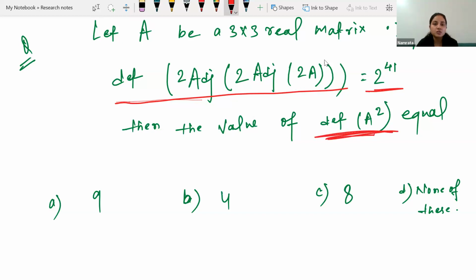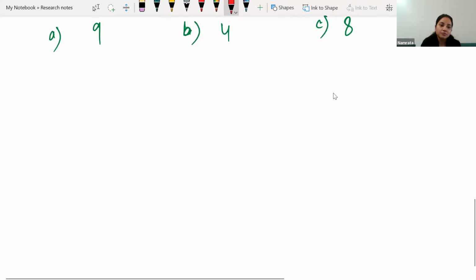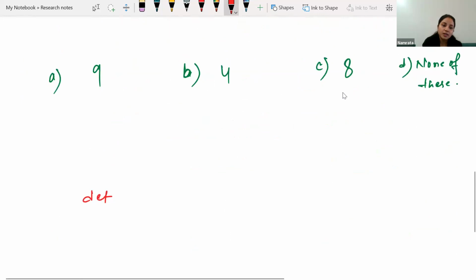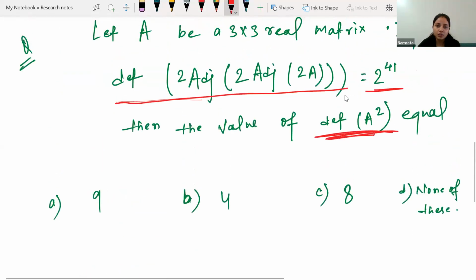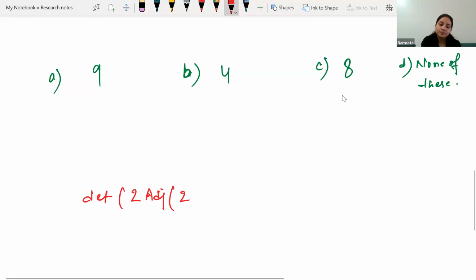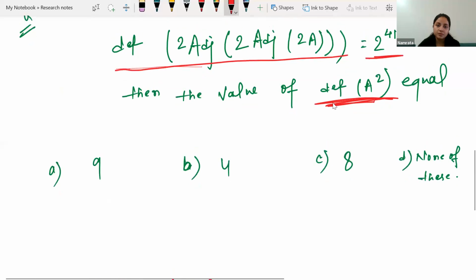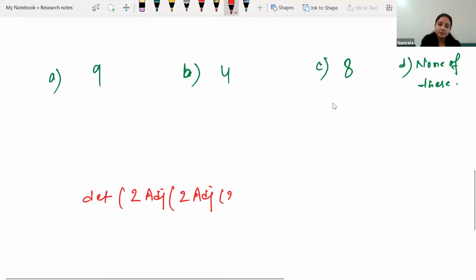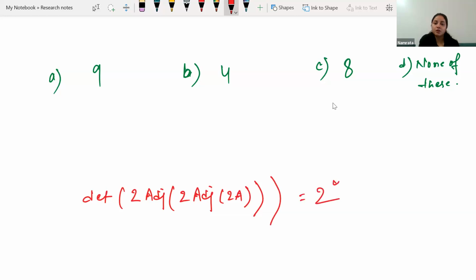So how will we do so? Let's write it. We have determinant of 2 times adjoint, then again adjoint, 2 adjoint, then one more time, twice A, is equal to 2 to the power 41.